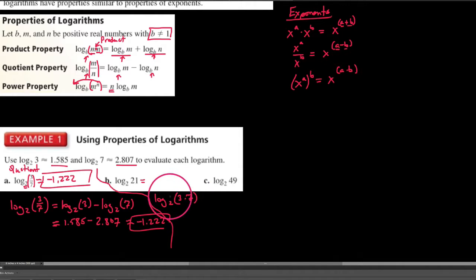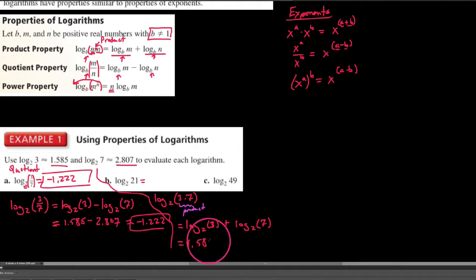So now that we're taking a log of a product, then what we could do is rewrite this as the log base 2 of the first factor in our product here, 3, which would be like the m up here, plus log base 2 of 7, the second factor in our product. So again, we know these values.